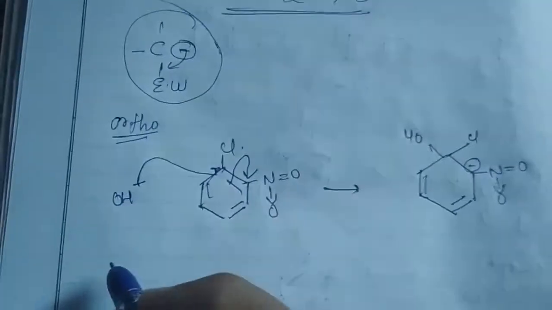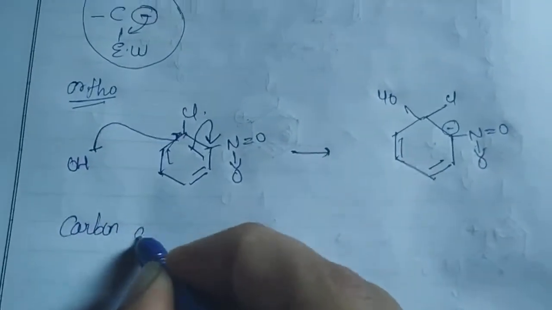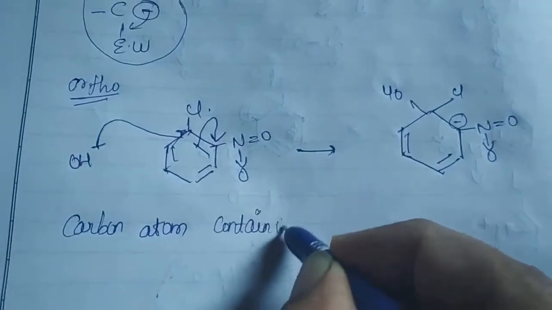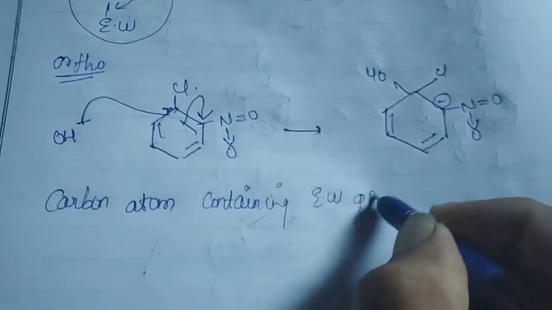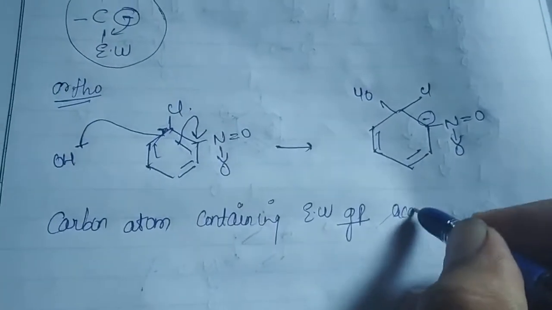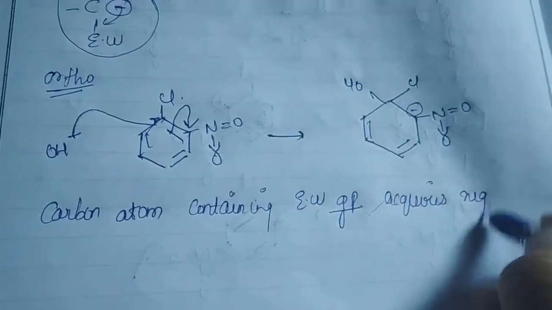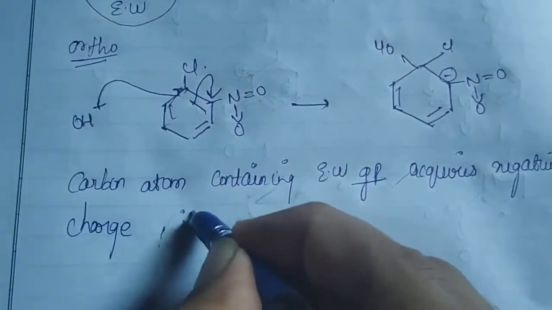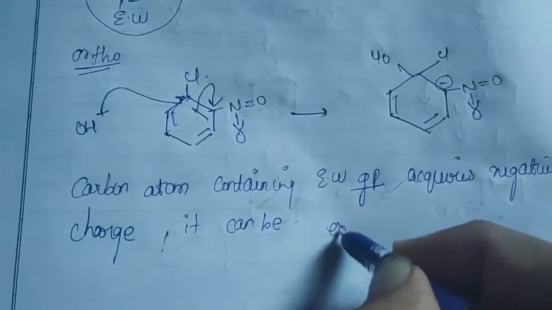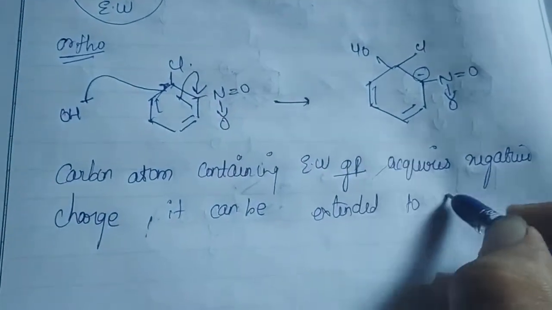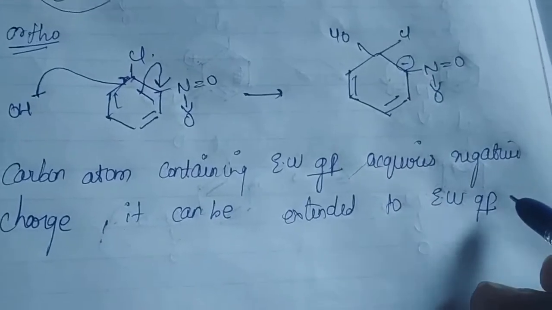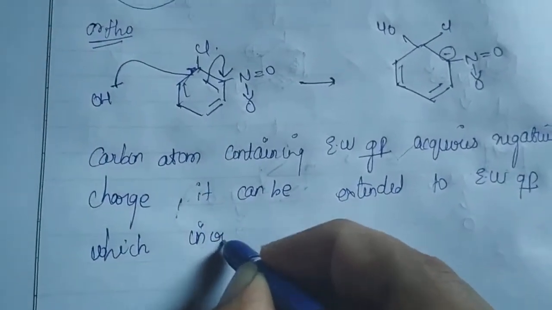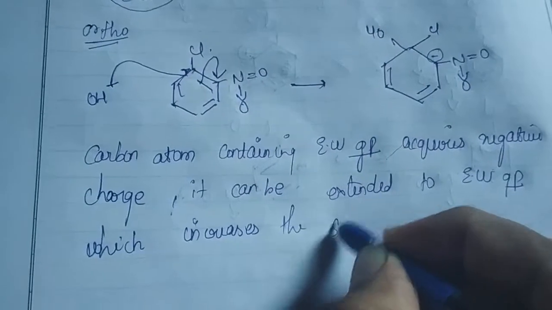If a carbon atom containing the nitro group or electron withdrawing group acquires a negative charge, it can be extended to the electron withdrawing group, which increases the stability of the ion.